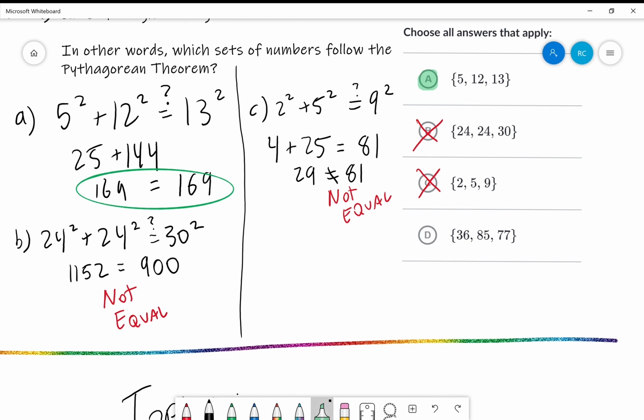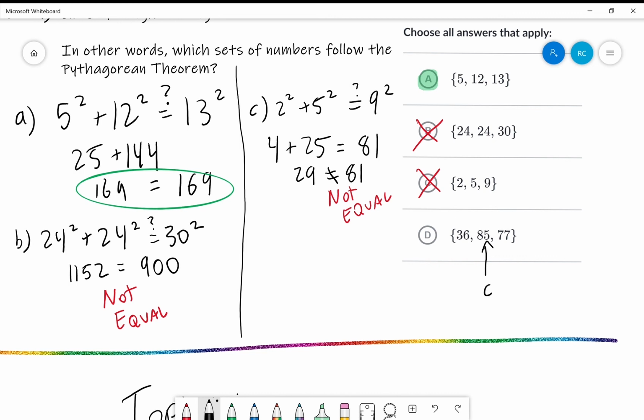So remember that c is always supposed to be the largest. That's c. They put it in the middle specifically to mess you up. They don't have to put the biggest number in the third position. You are supposed to know that the biggest number is c.